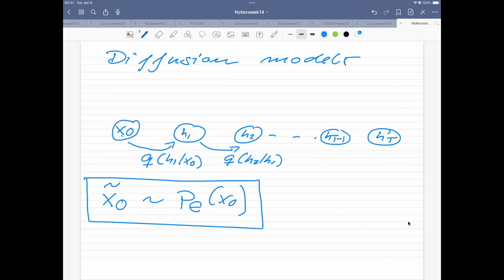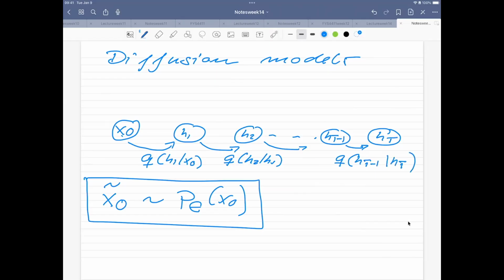And again, this model is going to be a multivariate Gaussian. So we would then have all these new ones, and the final one would be a Q of H of T minus 1 and H of T. So what we are going to get is a series of latent spaces.